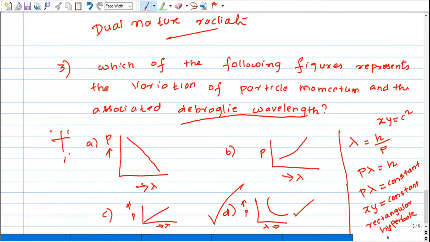Let us go for the fourth question in nuclear physics, which is important too.